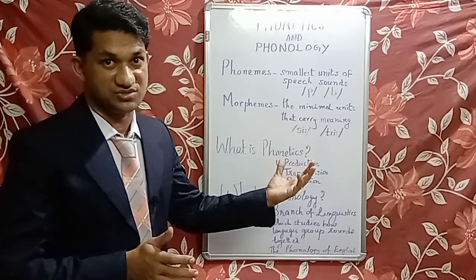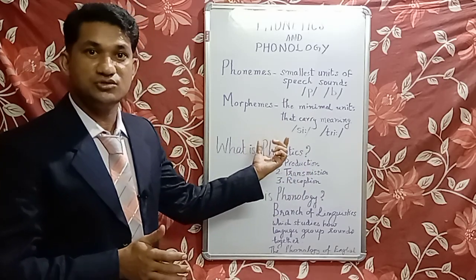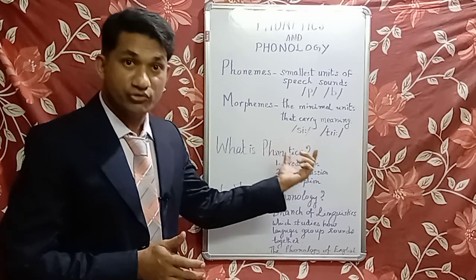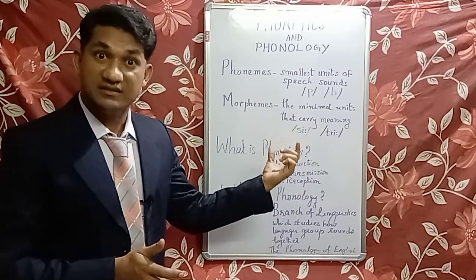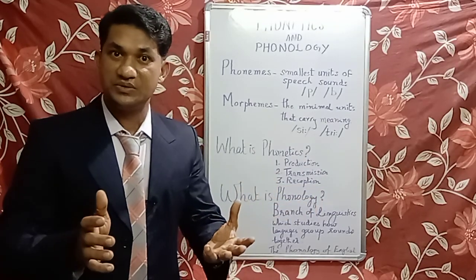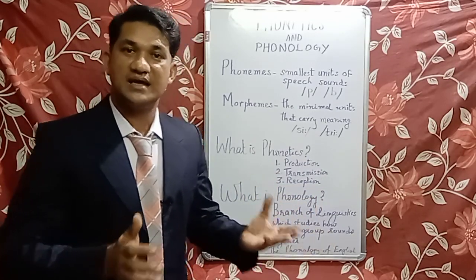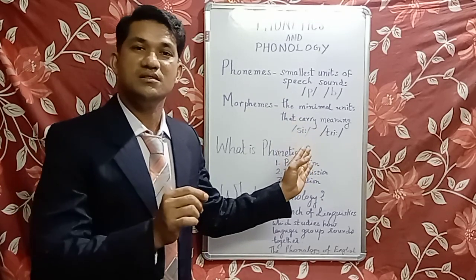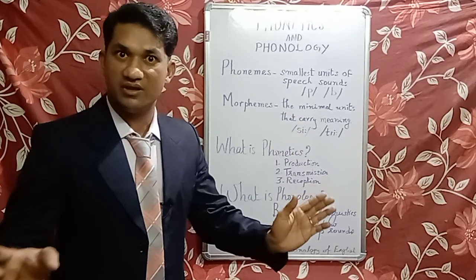You get morphemes. Here I have written two examples. One is see, the other is tree. S, the phoneme, plus E, the phoneme, give you see. And T, the phoneme, and R, the phoneme, and E, the phoneme, give you tree.